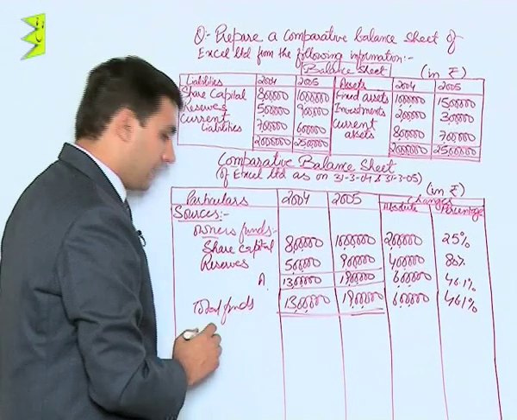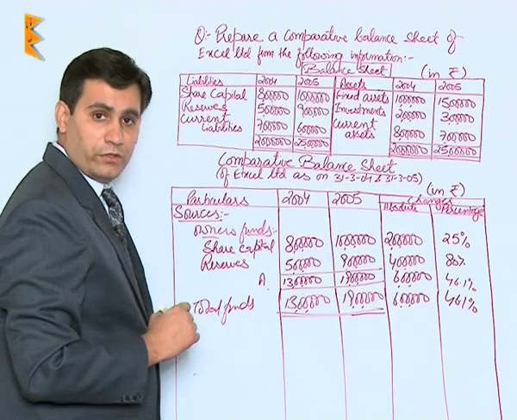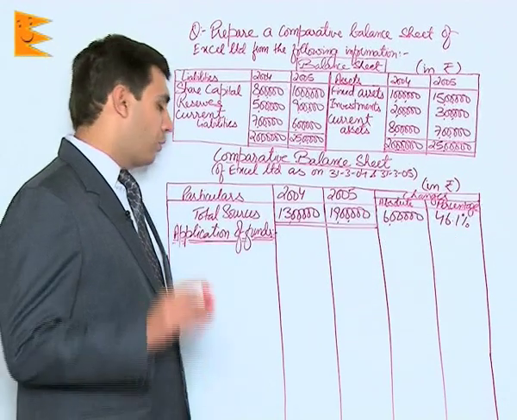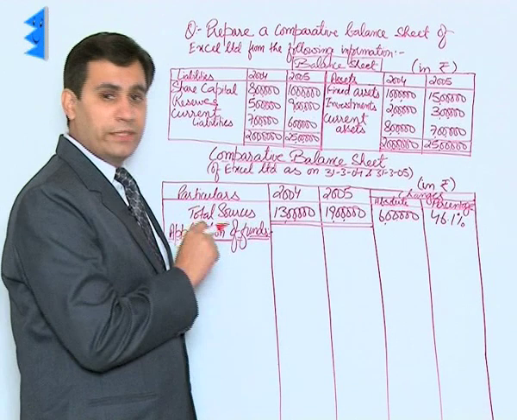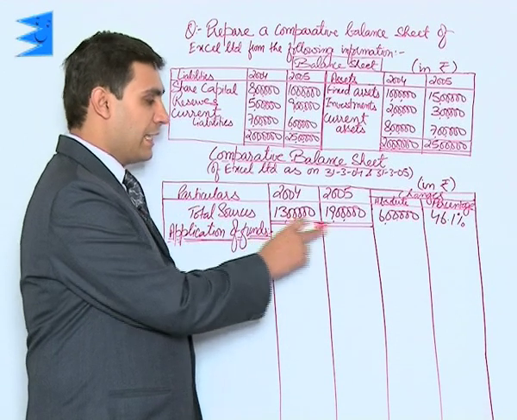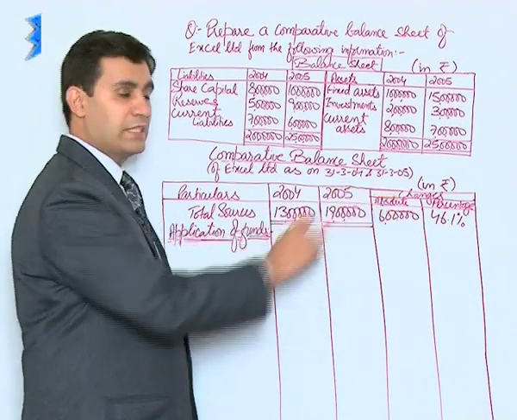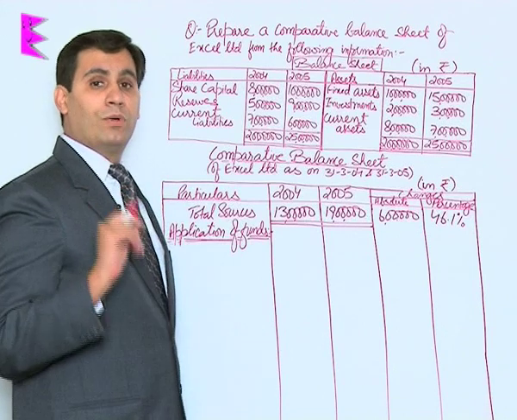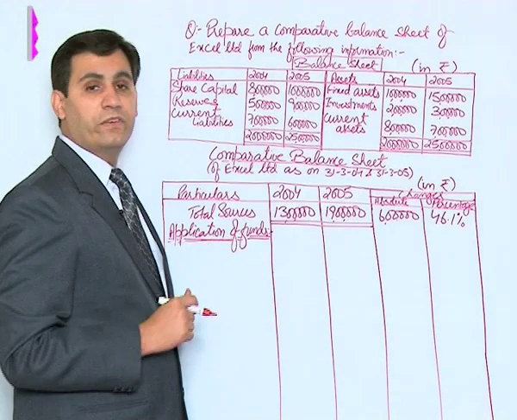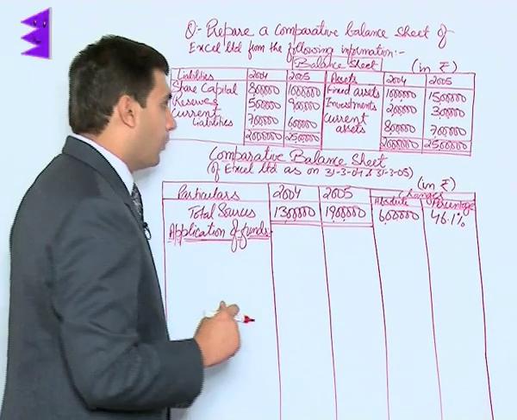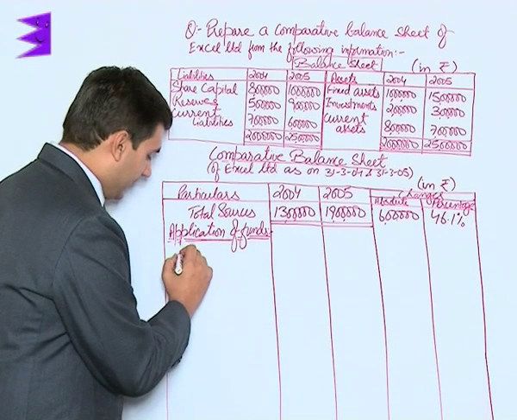After this, we will come to application of funds. Now, continuing, I have mentioned total sources that we had calculated earlier at the top as 13 lakh and 19 lakh, and the absolute change and the percentage change. Once we have calculated the total sources, we will come to total application of funds. Now, the first application is fixed assets.